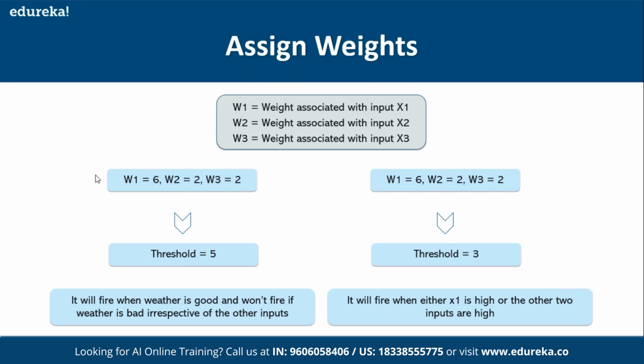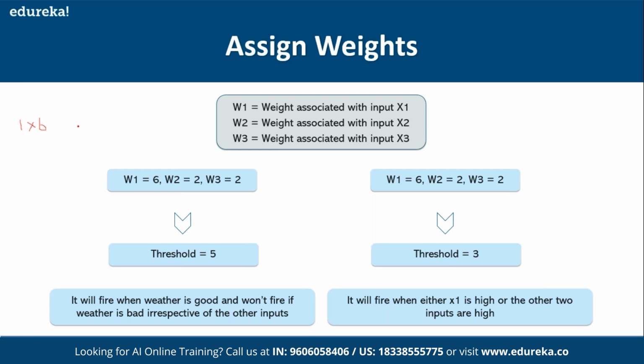Now, we have W1 equal to 6, W2 equal to 2, W3 equal to 2. The threshold value is 5. Now, we have our x1. Assume the weather is good: 1 into 6, because our weight for this input is 6.